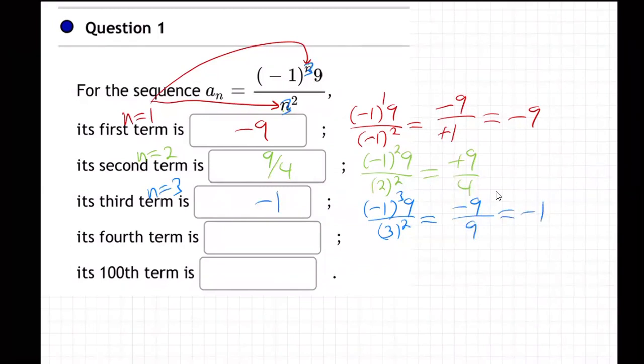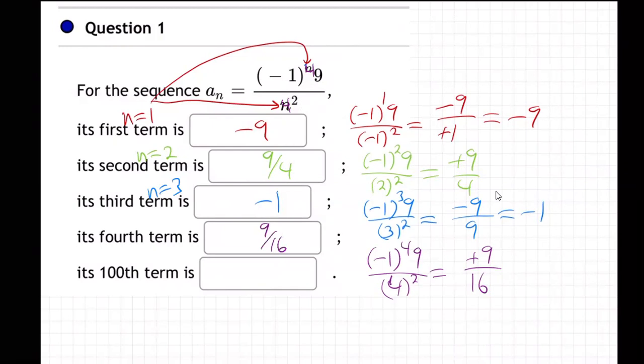Like that. All right, now for 4. Plug in 4 in both places. So we get minus 1 to the 4th times 9 over 4 squared, which is positive 9 over 16. 9/16.